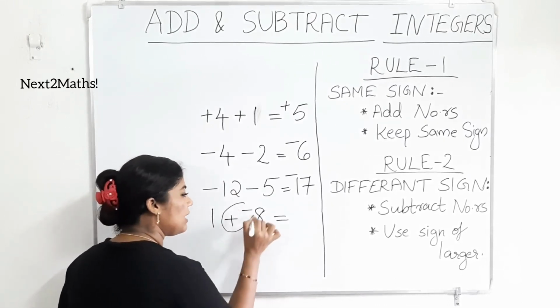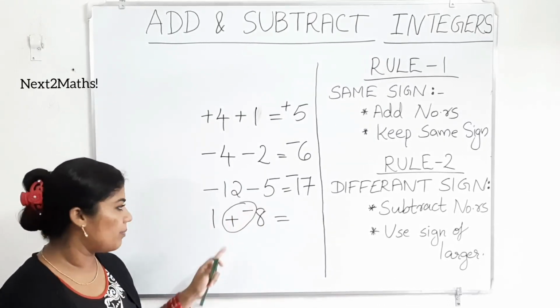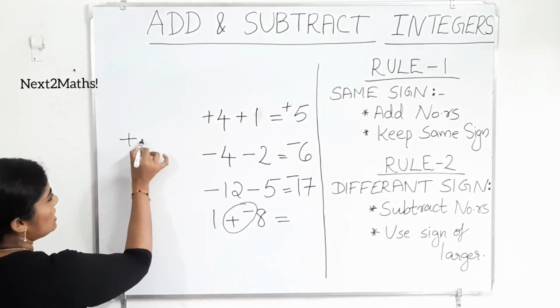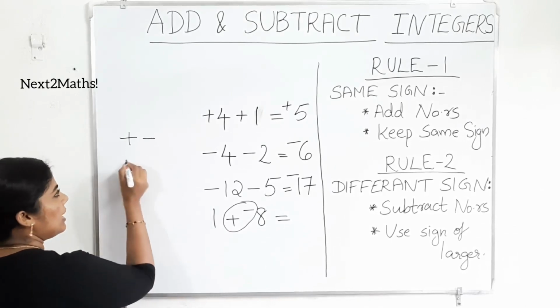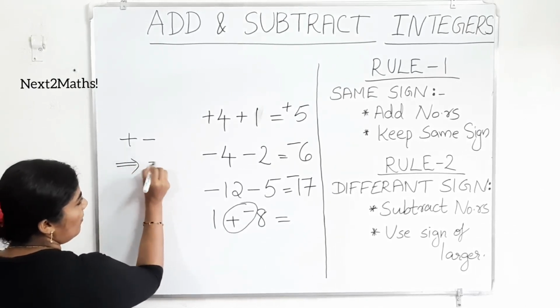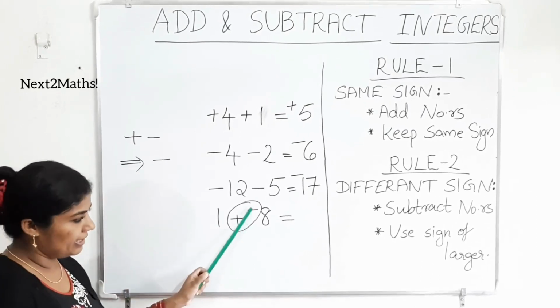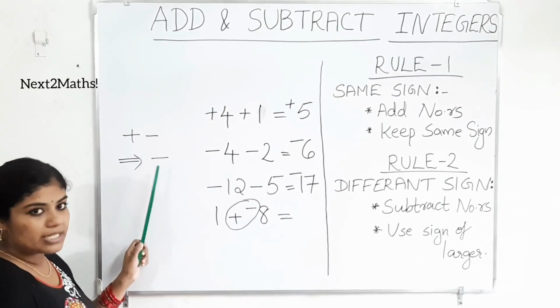You can see here both signs are there, both addition and subtraction. If addition and subtraction come together like this, you take only subtraction.